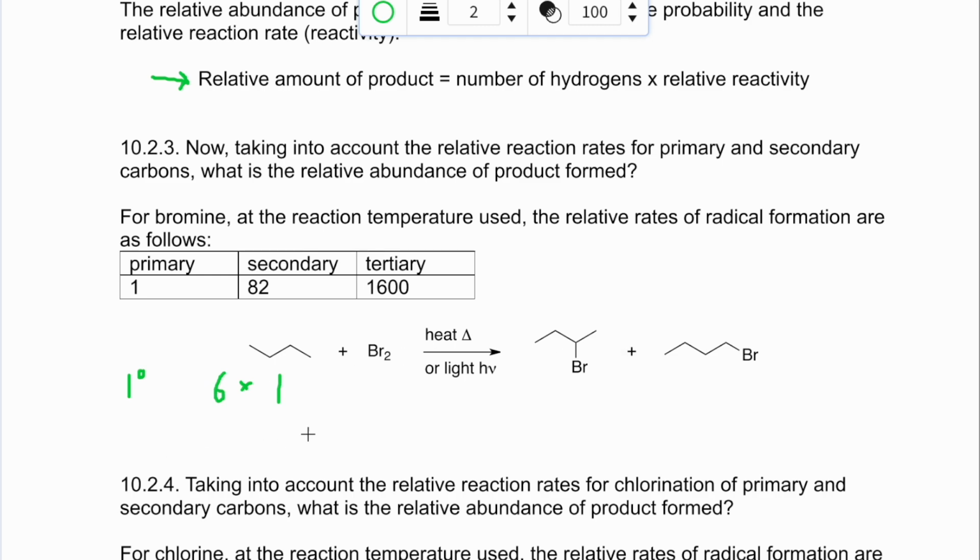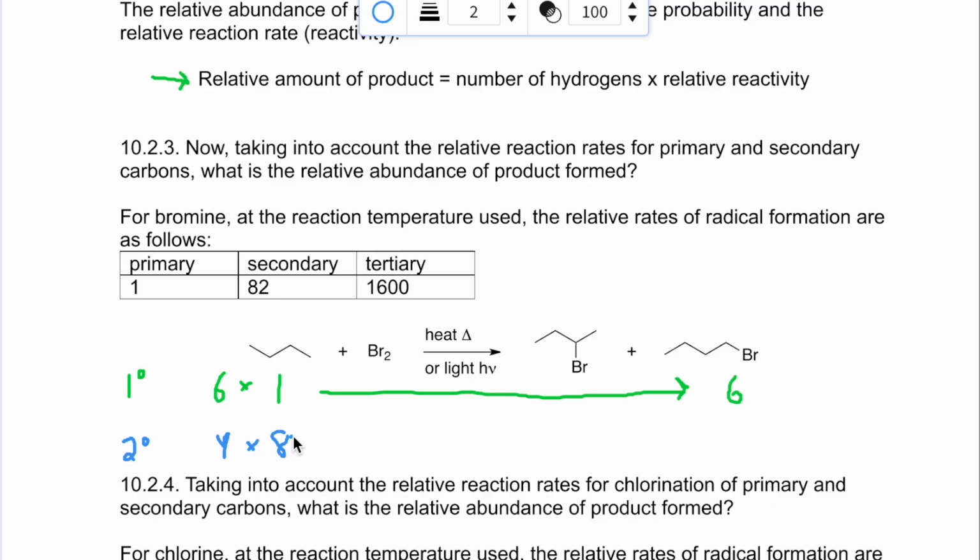Okay, in case you paused that, hopefully you got the primary hydrogens here. So we have 6 being the amount of this product. For the secondary, the number of hydrogens we decided was 4.